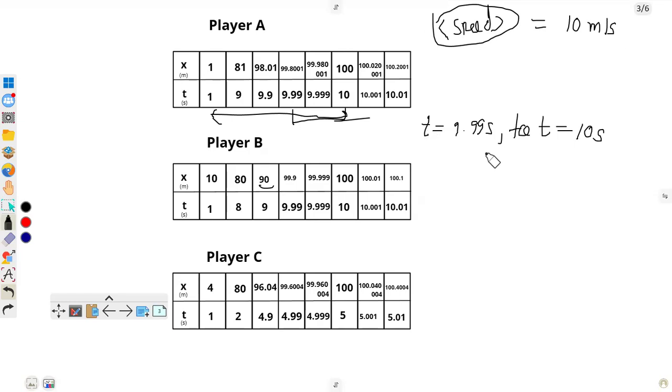Now, what is the distance traveled in this time interval? What we have to do is just subtract this from 100. This is the distance traveled in this time interval. So can anyone do the calculation for me?